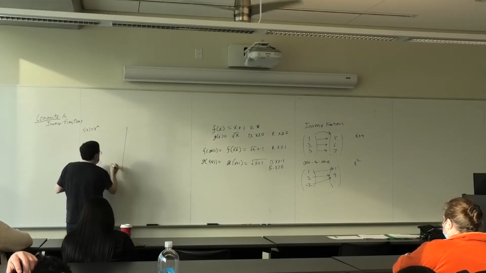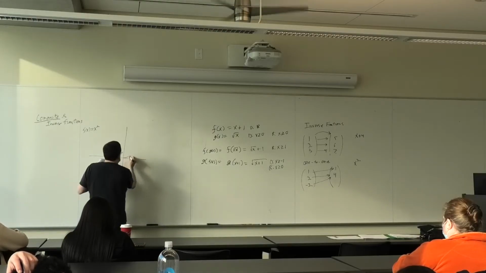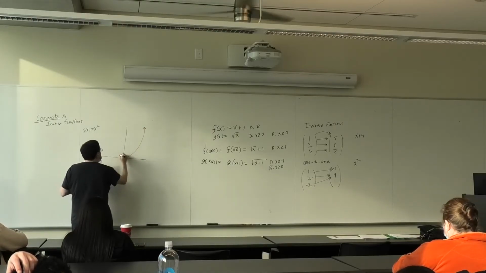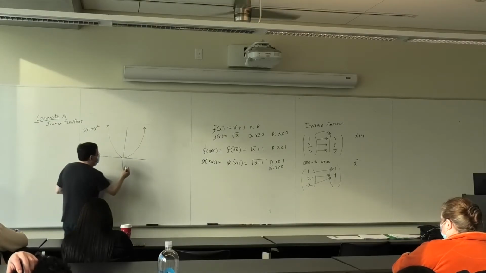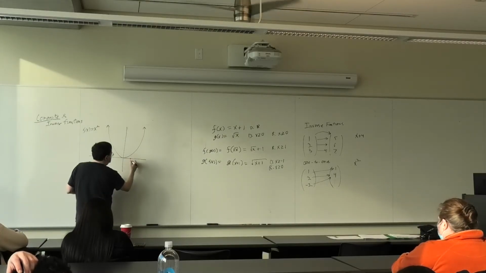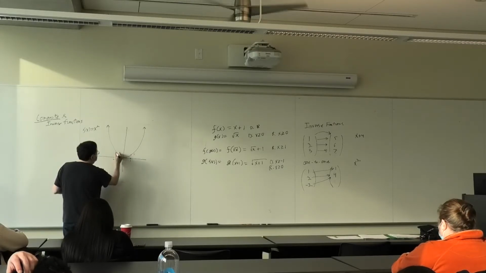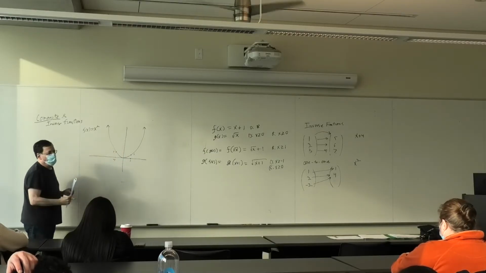You might know that this is a parabola. And in fact, if I have number 1, that goes to 1. -1 also goes to 1. So this is not 1 to 1.